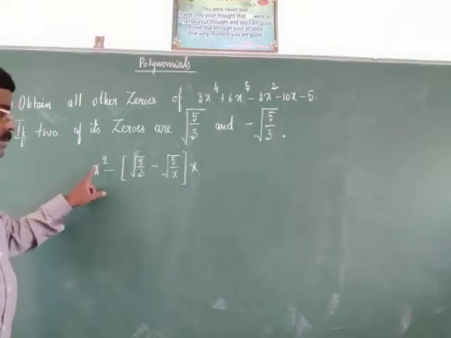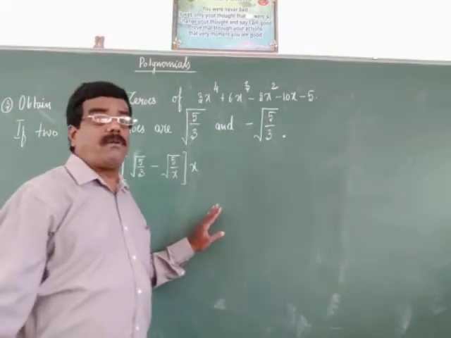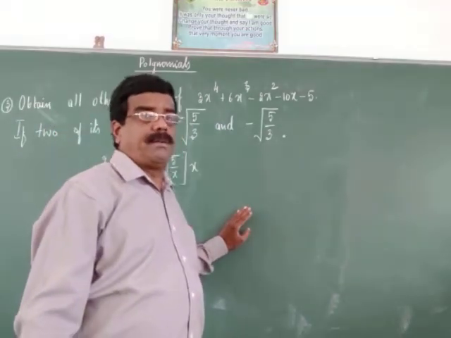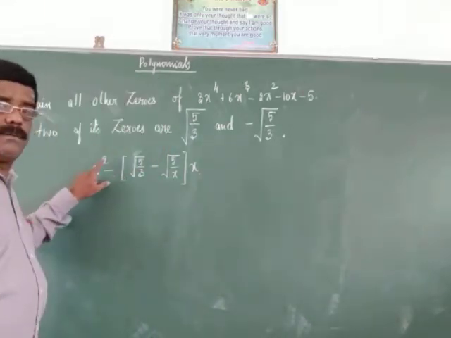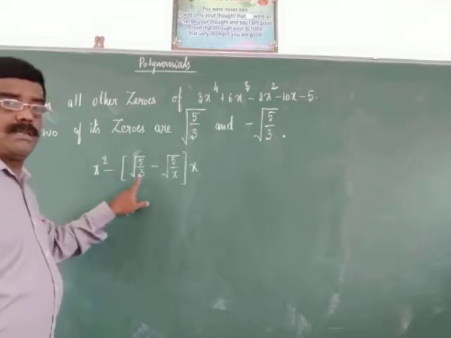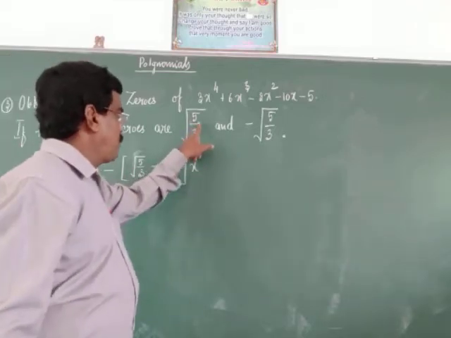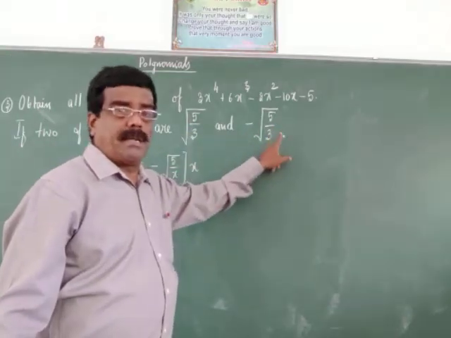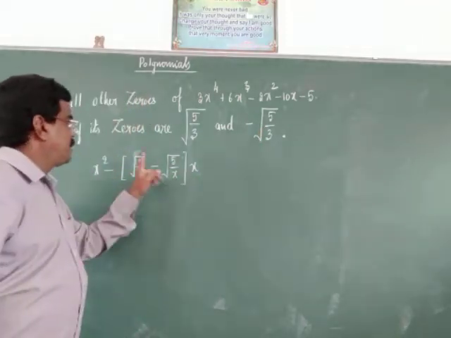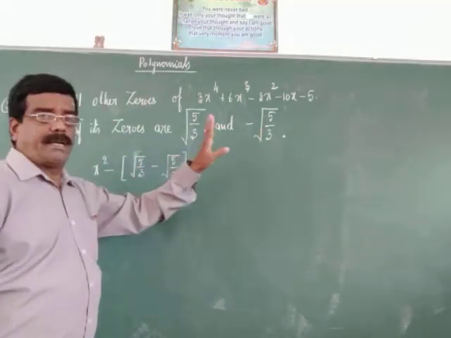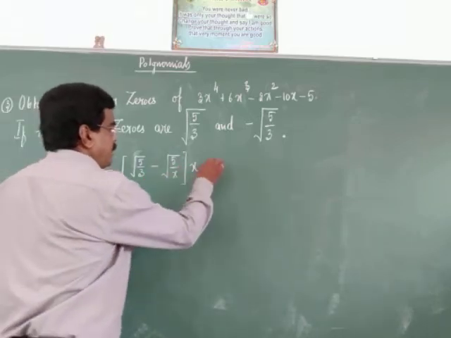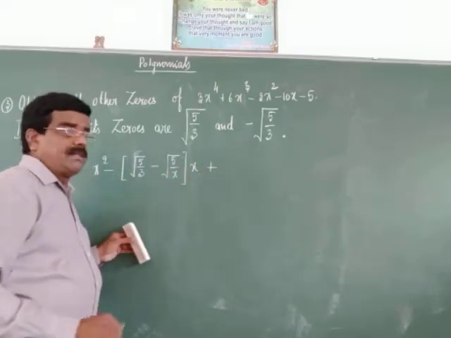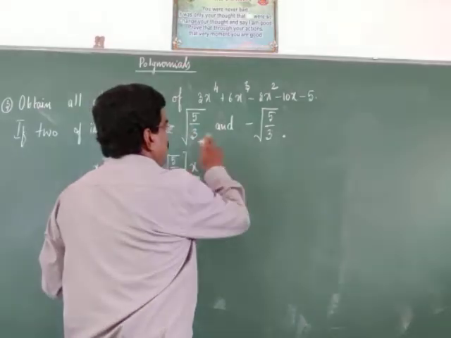Just to recall, children, we are forming a quadratic polynomial where two zeros are given. That is x square minus sum of the zeros, plus product of the zeros. Sum means addition. Product of the zeros means multiply these two.